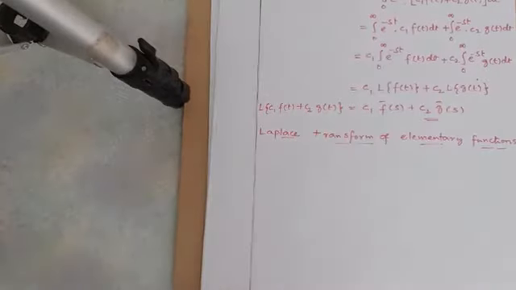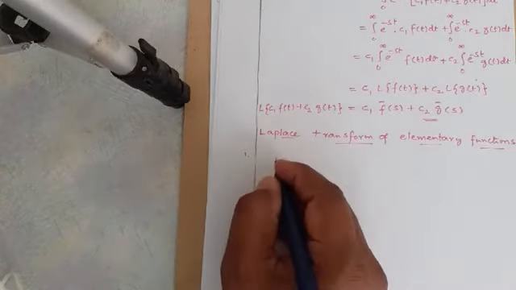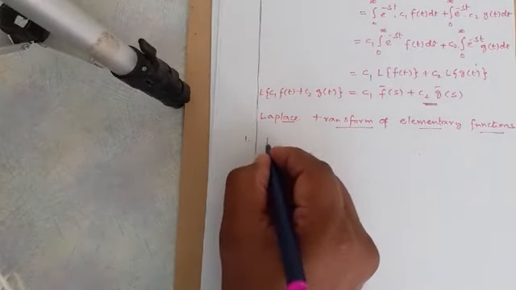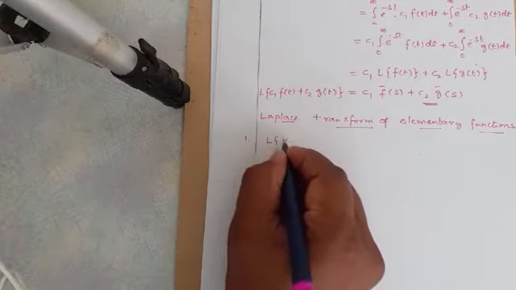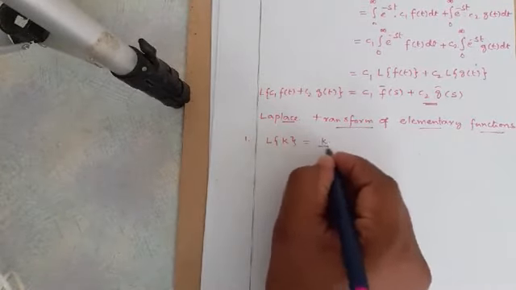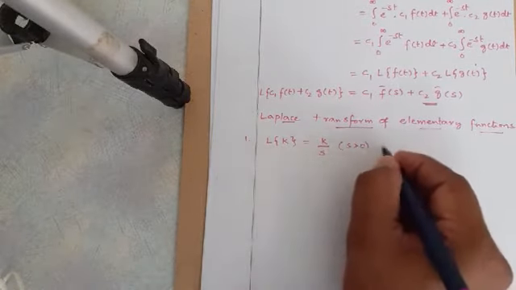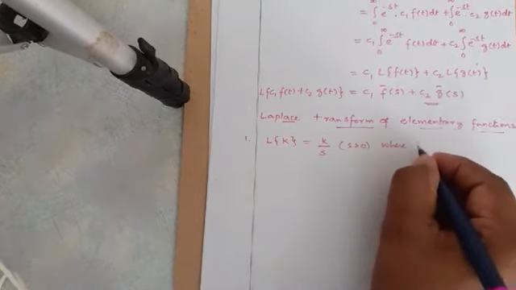The elementary functions here are k, t power n, e power at, sin at, cos at, and so on. Let us find them one by one. First we take Laplace of k. Here Laplace of k is equal to k by s, with s greater than 0, where k is a constant.